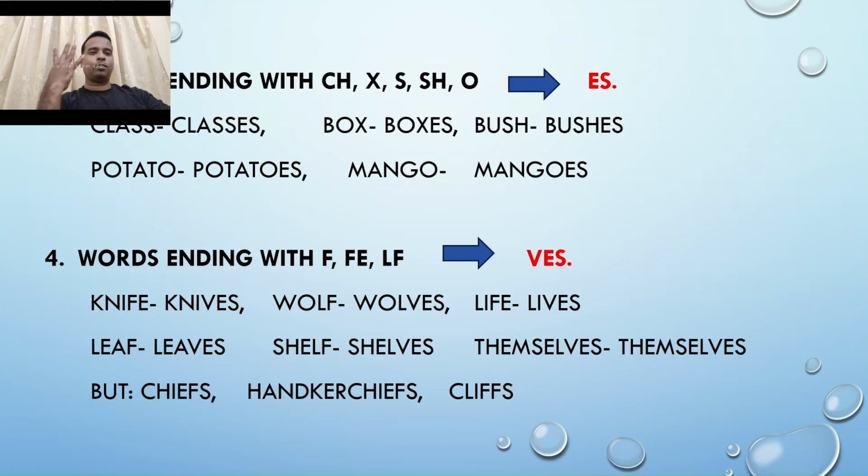Coming to the fourth point, words ending with f, fe and lf will be added with ves. As you can see in the example, knife will become knives, wolf will become wolves, life will become lives, thief will become thieves, shelf बन जाता है shelves.